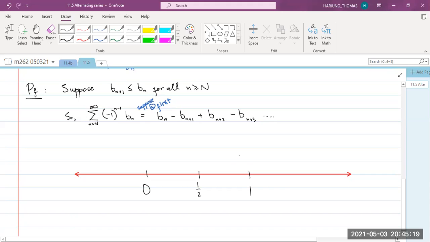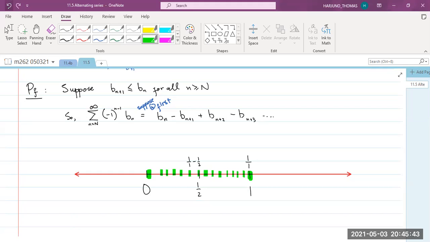So this is 1 over 1, and this is 1 over 1 minus 1/2. Notice that this is where you start. After the first term, you're here. Now notice that the remaining terms will always be in this interval between 0 and 1.